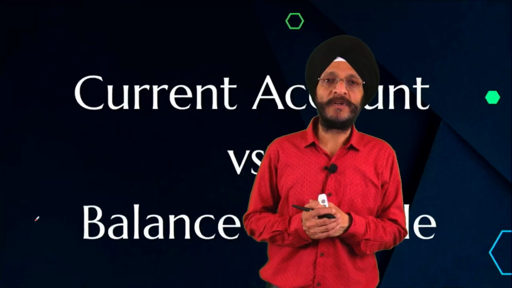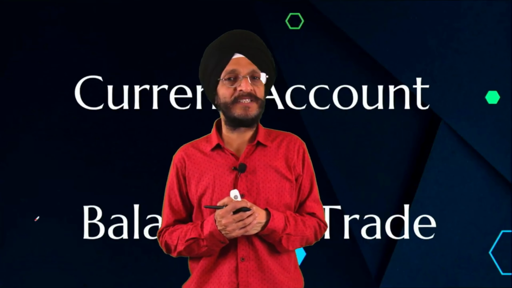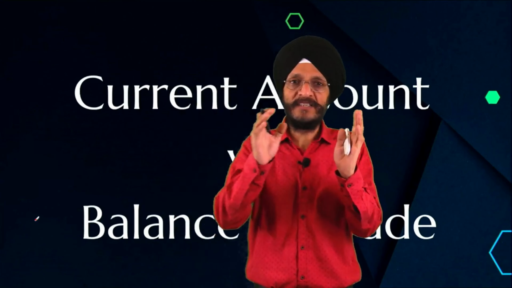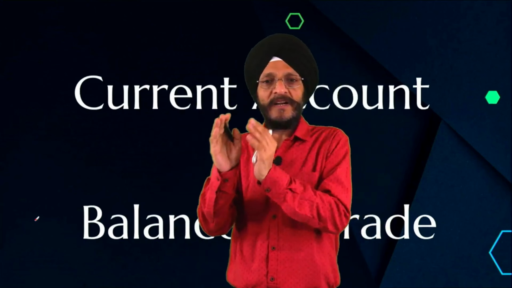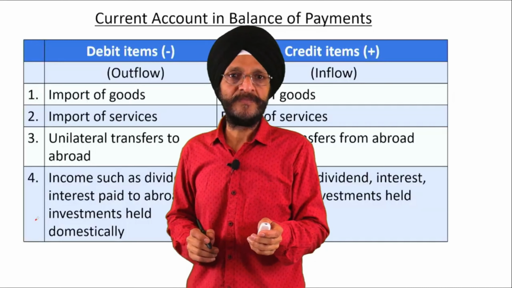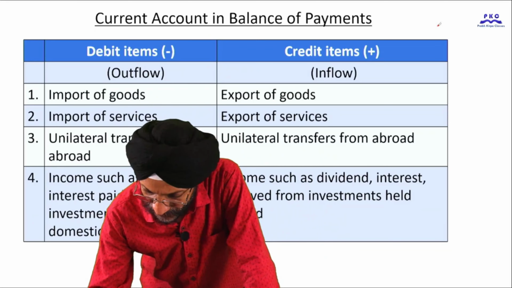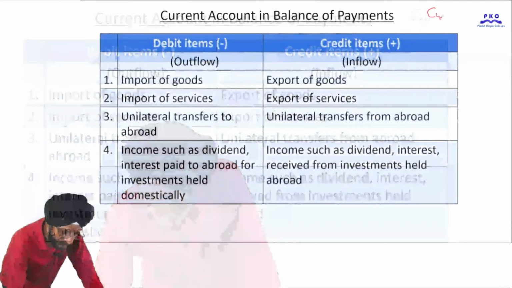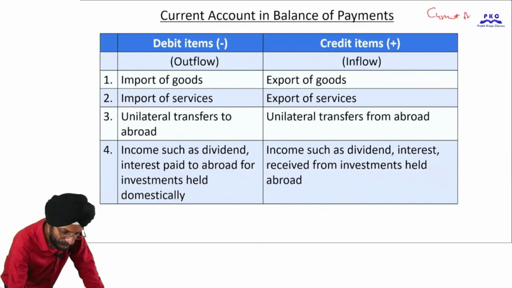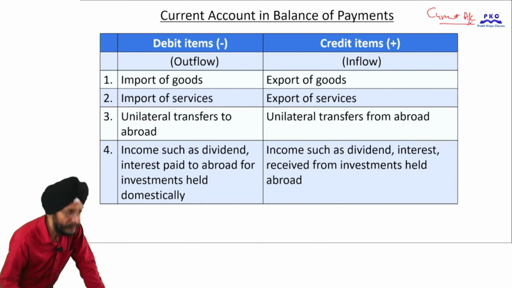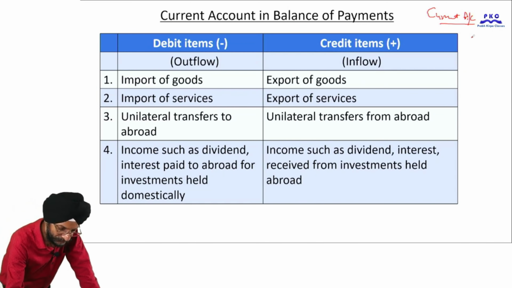Now the topic before us is current account versus balance of trade. We will now understand the difference between current account and balance of trade. In the case of current account, we know that there are four components.